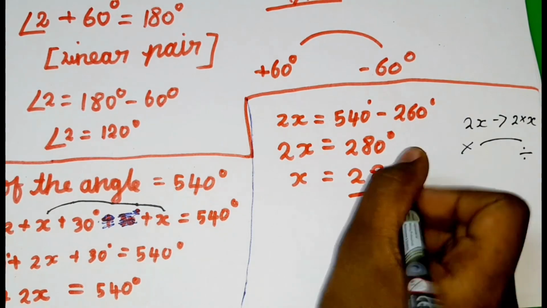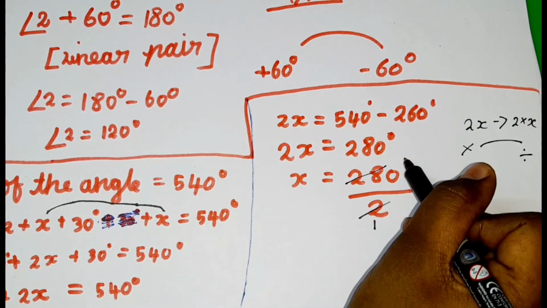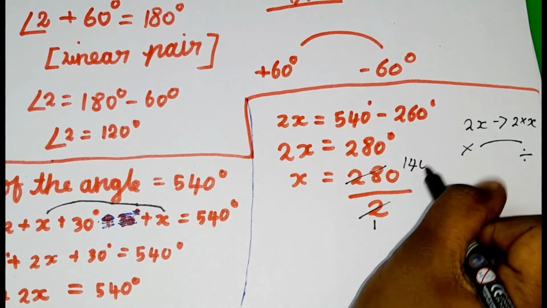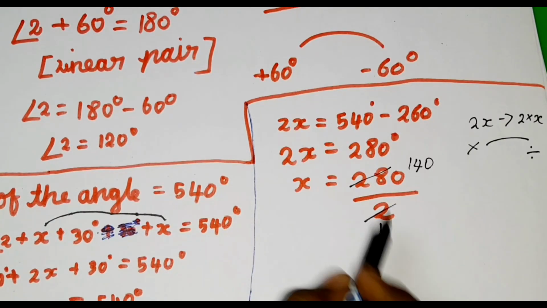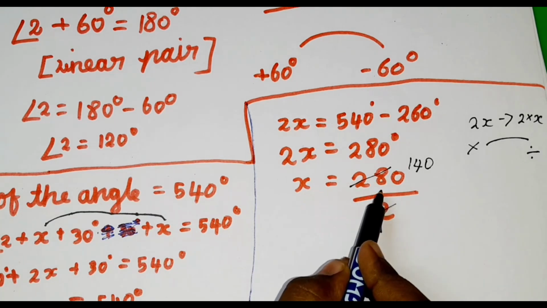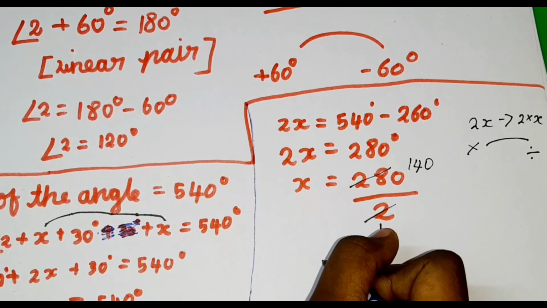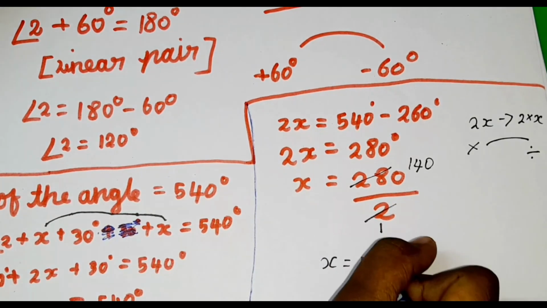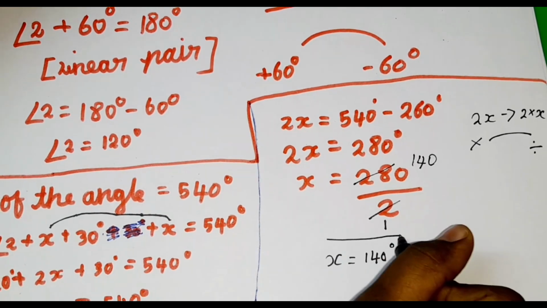So now let's cancel it. 2 ones are 2 and 140. Okay. So now how 140? 2 ones are 2, 2 fours are 8 and the 0 as it is. So our answer is 140. So finally x is equal to 140 degree.